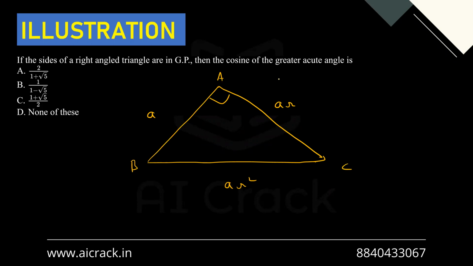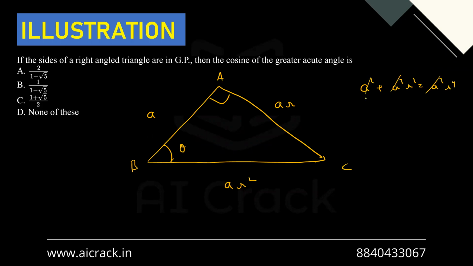Now we have to find the greater acute angle. These two are acute angles, angle B or angle C. The greater acute angle would be the one opposite to the bigger side. The bigger side is ar as compared to a, so we have to find this angle. With the simple Pythagoras theorem, a square plus a square r square equals a square r to the power 4.